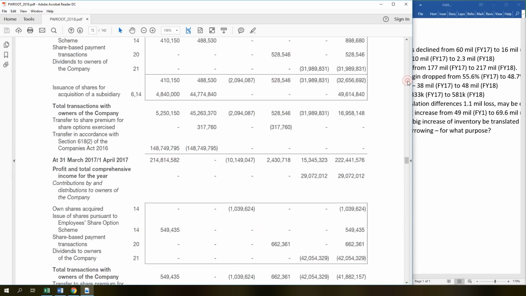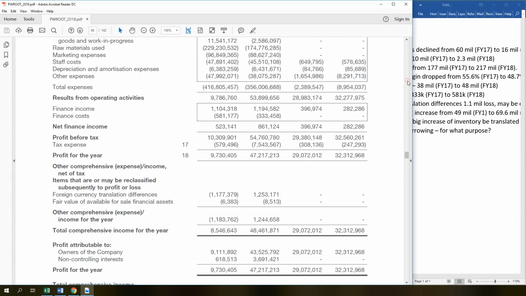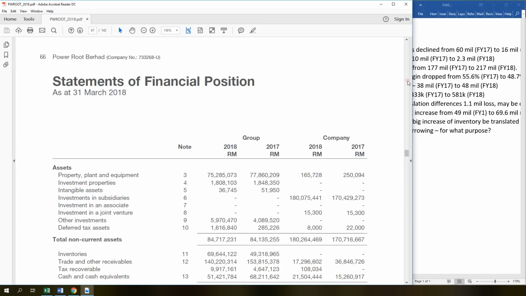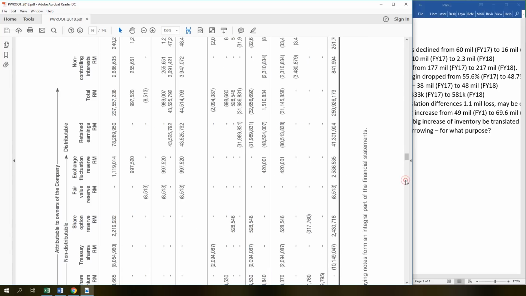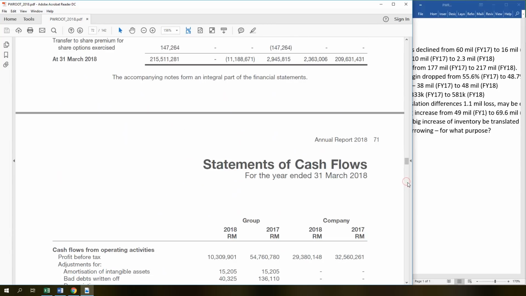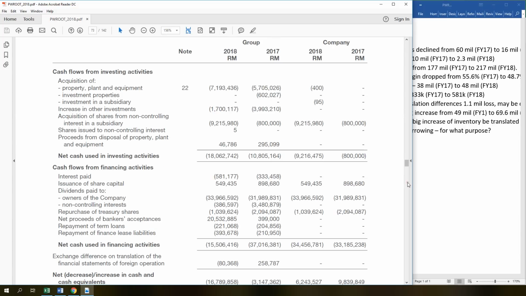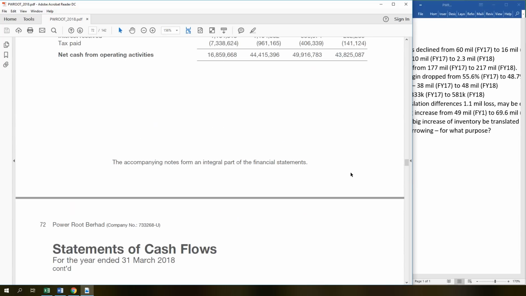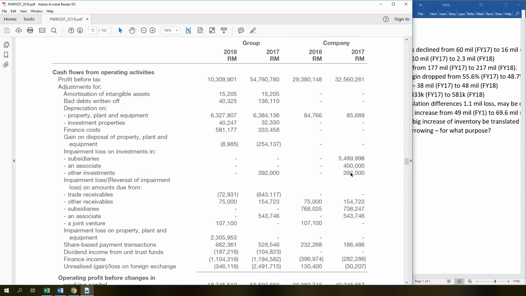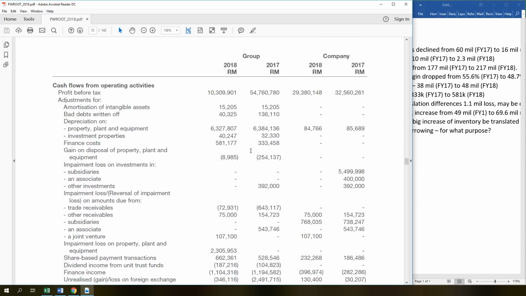Yeah, we can find this in the balance sheet. Yeah, note 6. We will check it out later. Okay, now we should go to cash flows from operating activities. Let's check item by item.